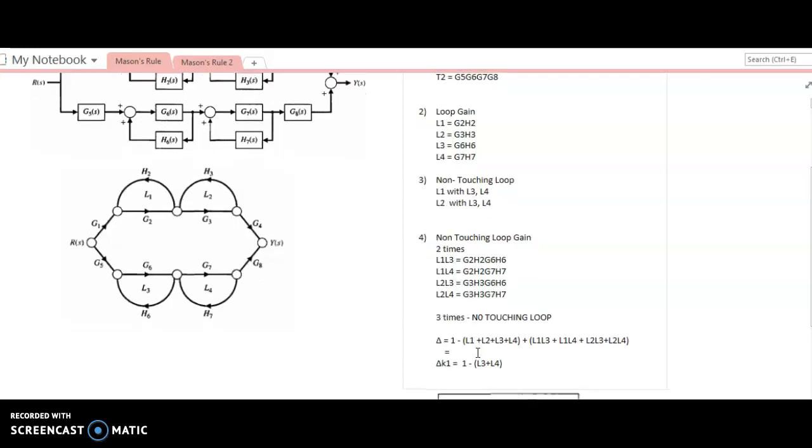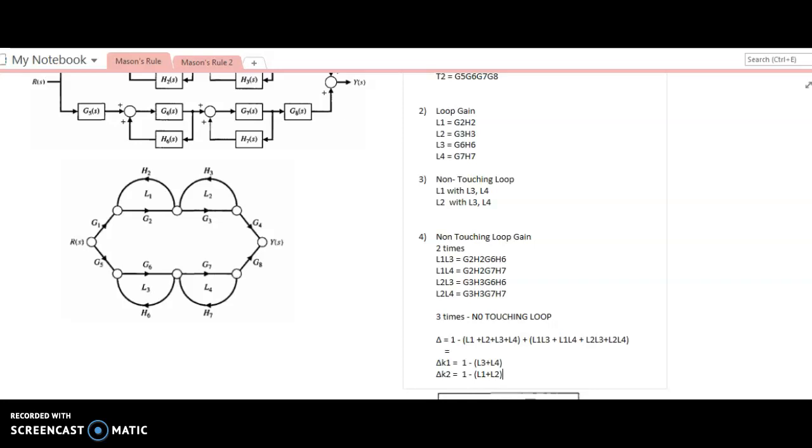Then delta 2 equals 1 minus (L2 plus L1 plus L4).